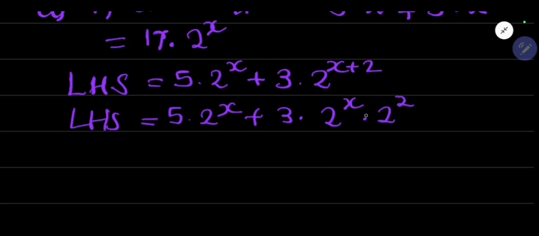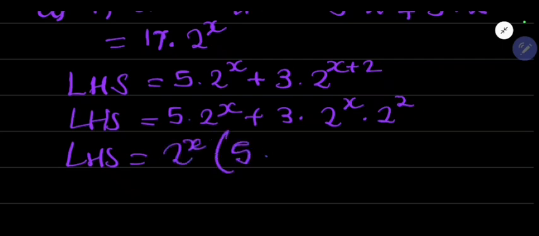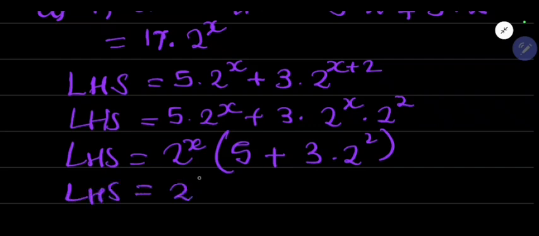So why were we doing this? Because we were looking for this 2 exponent x so that it can be common on both terms. So our left hand side is going to be, we took out 2 exponent x as a common factor, and you remain with 5 plus 3 times 2 exponent 2. Then our left hand side is 2 exponent x into 5 plus 3 times 4.